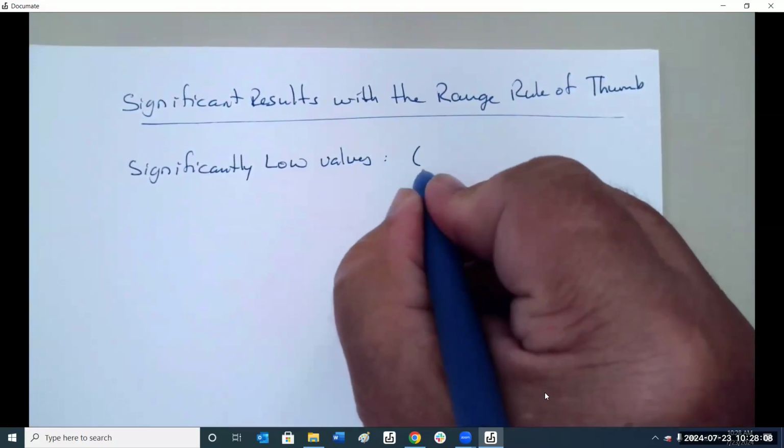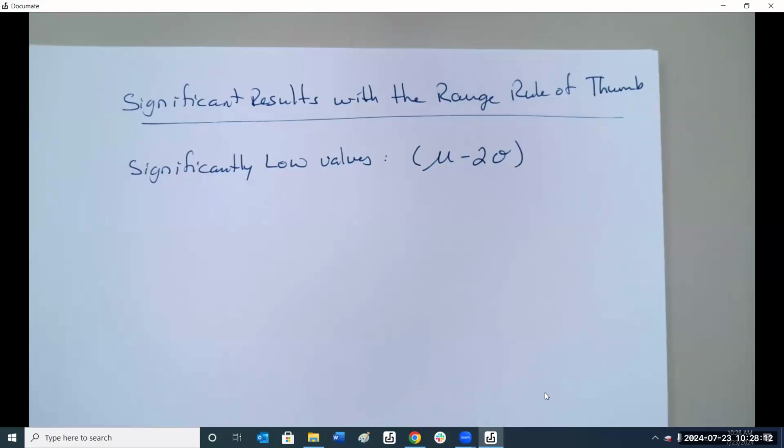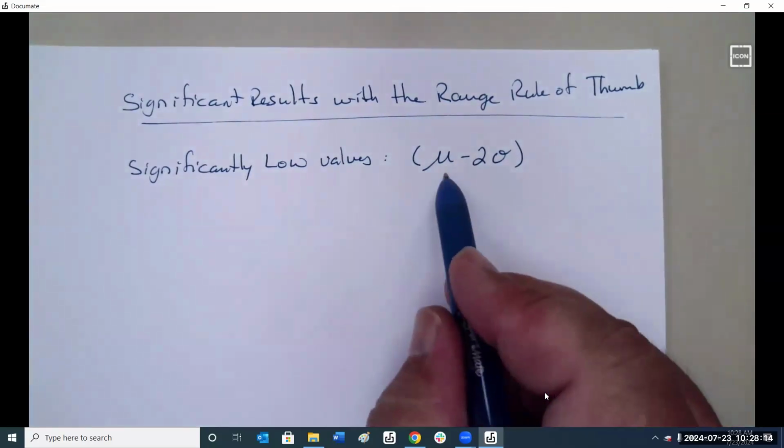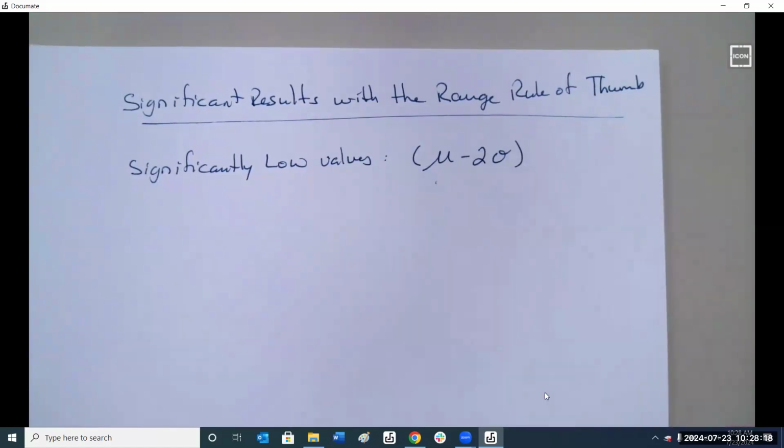and that is mu minus 2 sigma. Or in English, the population mean minus 2 population standard deviations. It's the same as it was last time. Remember, the mean plus 2 standard deviations is significantly high. The mean minus 2 standard deviations is significantly low.